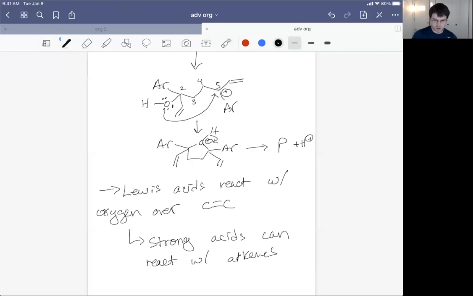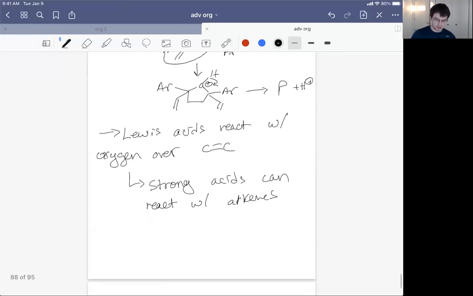Most of the transition metals we looked at wouldn't care if there's an alkene present. They would seek out an oxygen atom. Titanium is another example of that. If we have alkenes present, even electron-rich alkenes, the titanium will still seek out the oxygen atom.